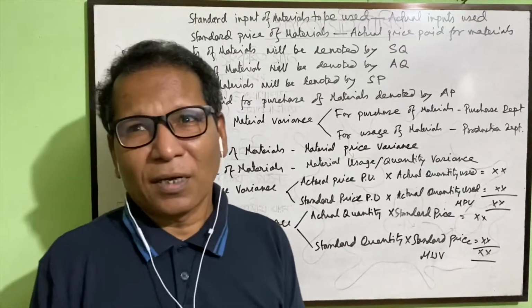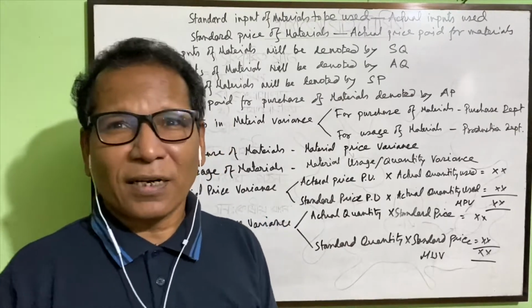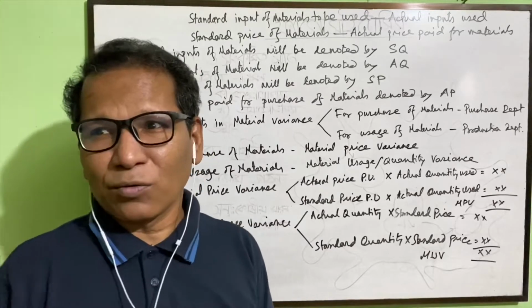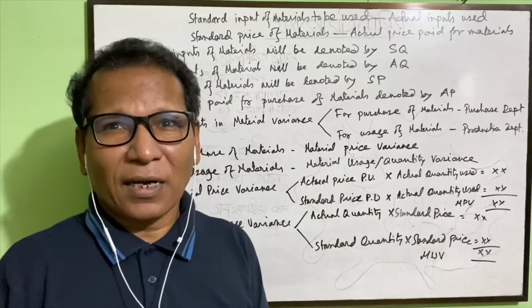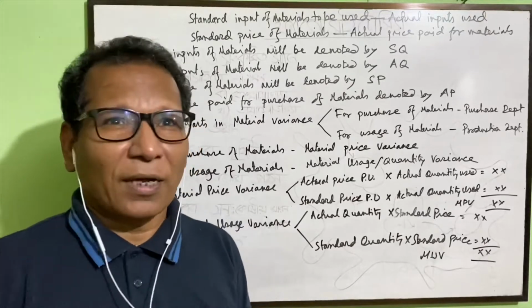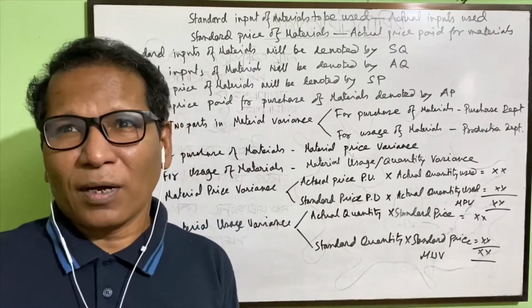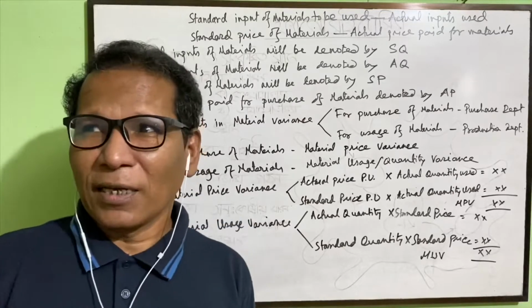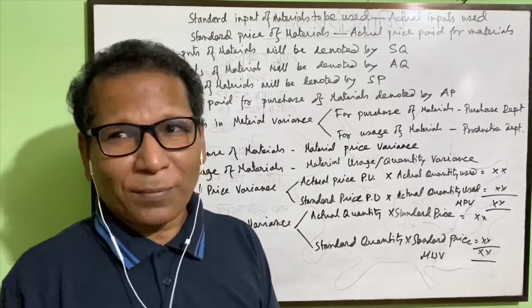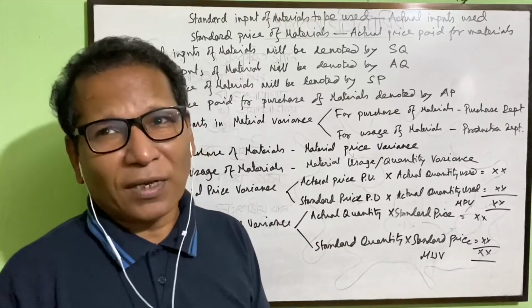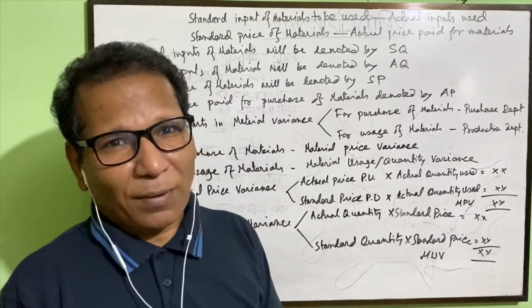That means what was the standard material for use and how much material was actually used, and before purchase of material what was the standard price of materials and at what price the materials were actually purchased.